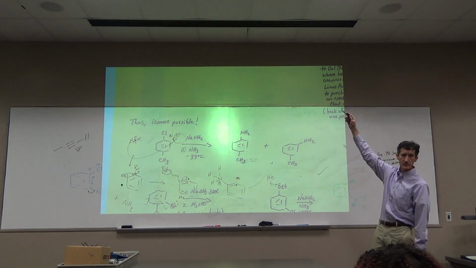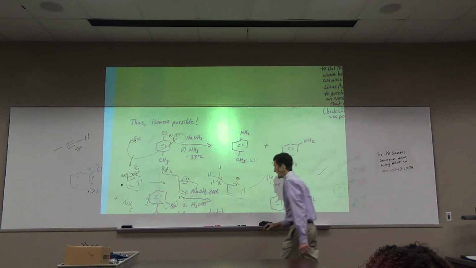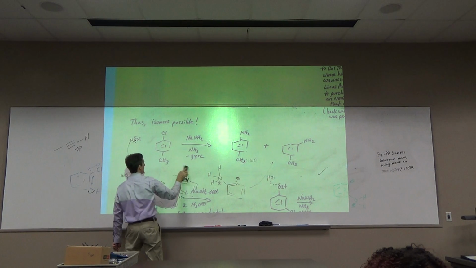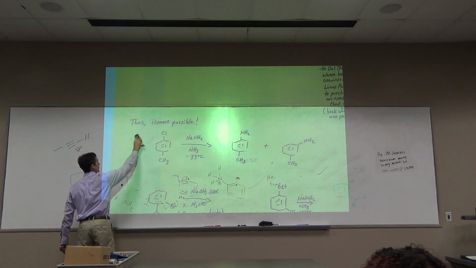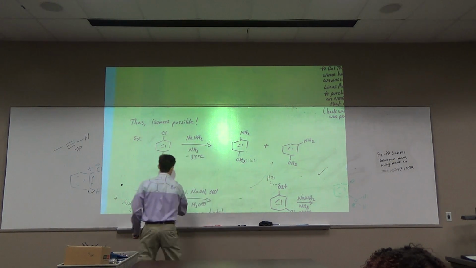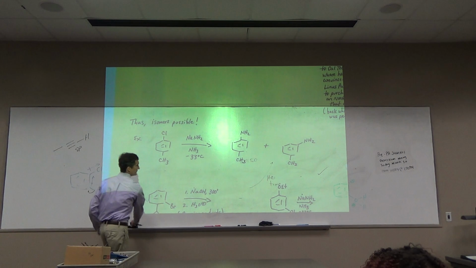Up top we had isomers, but that was just because we had a C13. Here's an example of getting isomers with other substituents. If you take parachloroaniline and do the same reaction, you get two products.